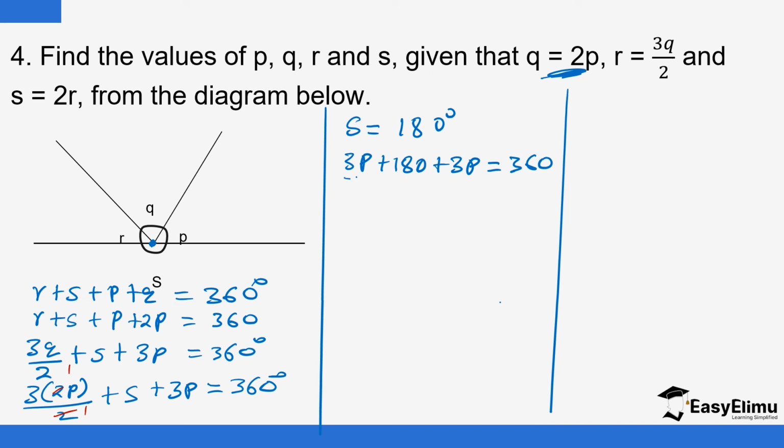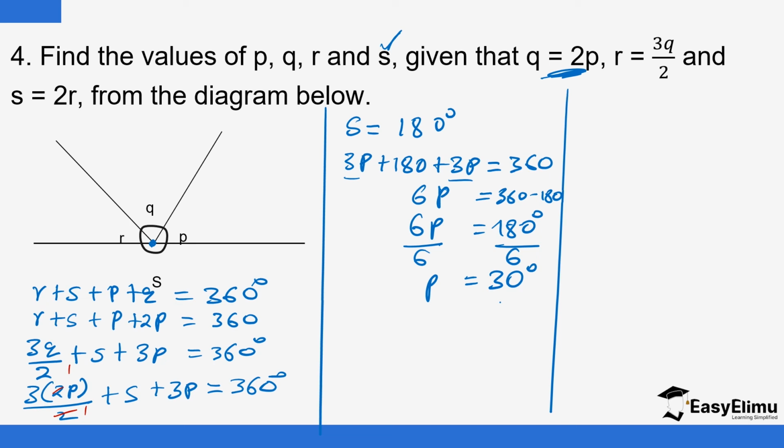So 180 will go to the other side. You add 3P plus 3P, which gives us 6P, should be equal to 360 minus 180. So 6P should be equal to 180 degrees. So you divide both sides by 6. We have P is equal to what? 30 degrees.